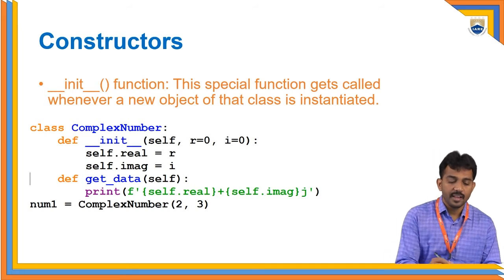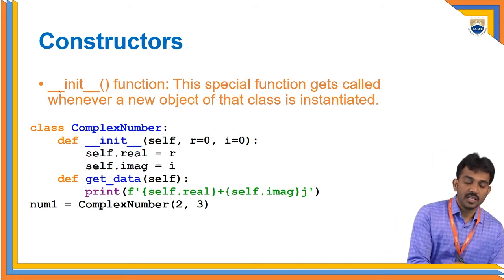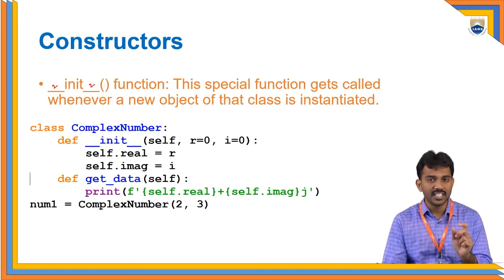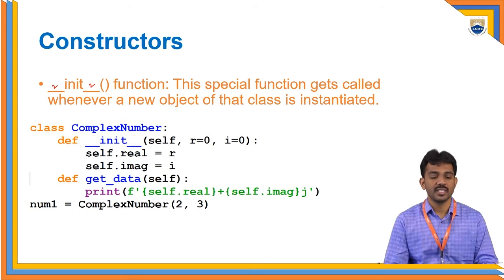That is __init__, two underscores, init, and two underscores. This is a special function that gets called when you create an object. When you create an object, it will be called and it will allocate memory.